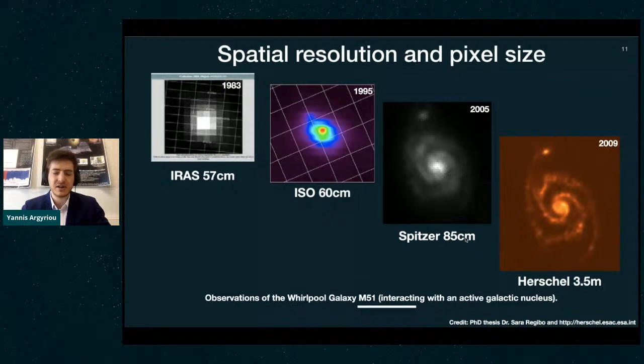As you can see, over the years, different missions have included apertures of larger and larger relative ratio. Both of these images show the Whirlpool Galaxy, or M51 as it's called. You can see that with the Infrared Astronomical Satellite, with its 57 centimeters, the galaxy was barely resolved, while with larger apertures, over time we were able to better and better observe this galaxy and acquire more information in the process.